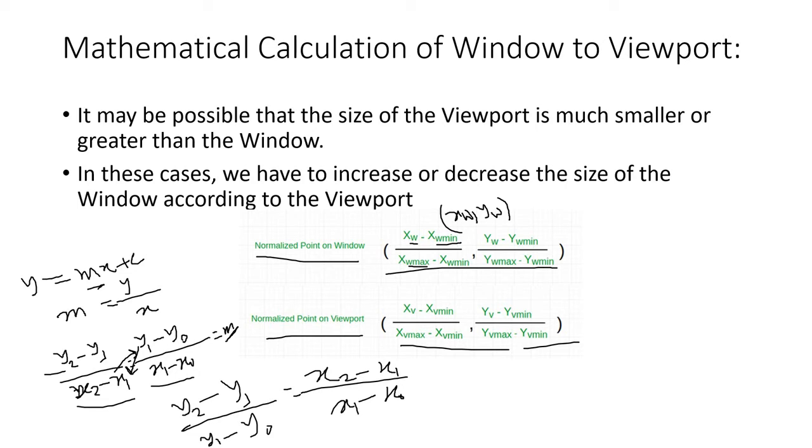Let's dig into this deeper, because we need to transform one coordinate to another coordinate. If we want to do it, we have to check the equation for the x coordinate and the y coordinate accordingly. Now, when doing the transformation, you have to keep in mind that the value of m is going to remain the same. The value cannot be changed.